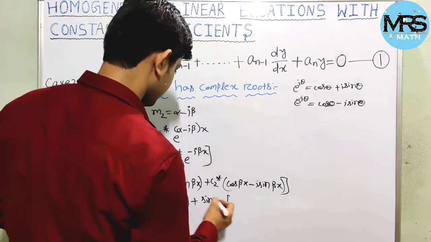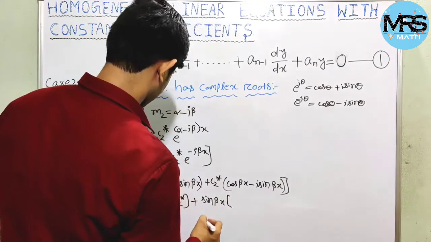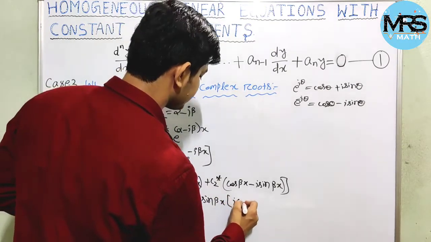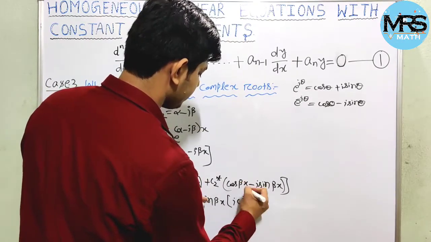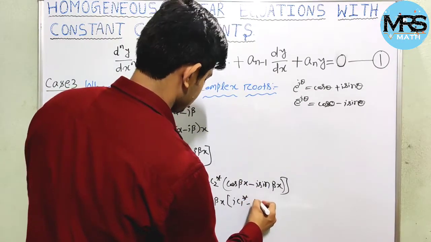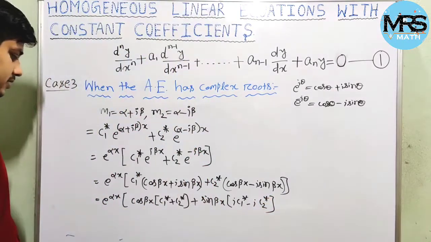C1 star, i is there, C1 star plus minus i C2 star.